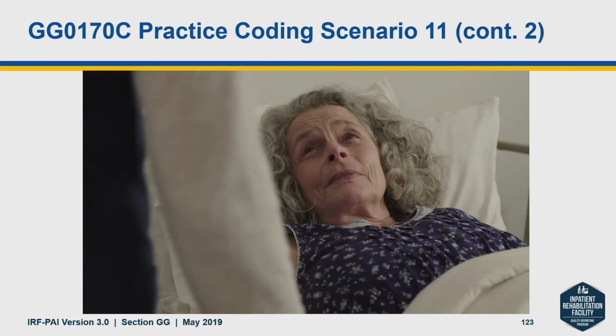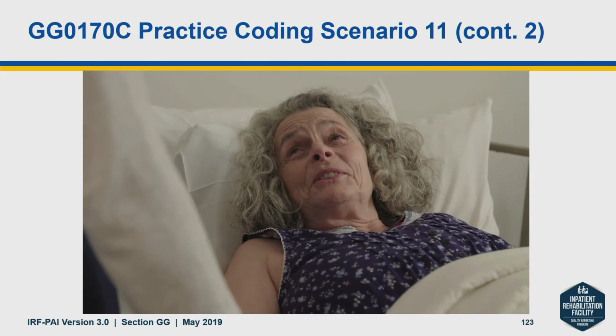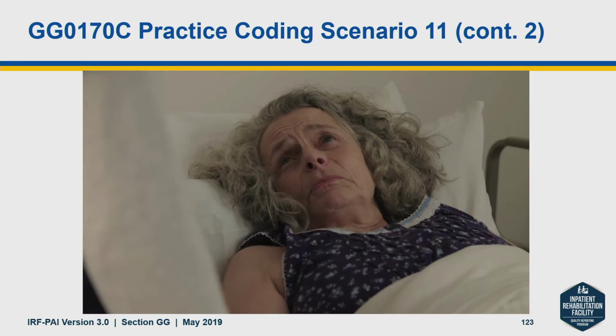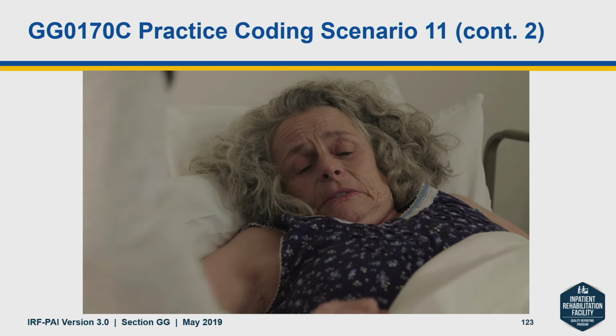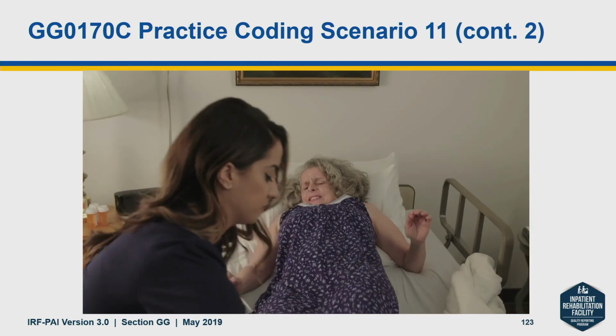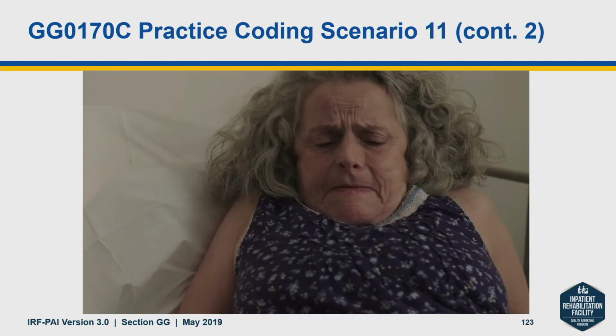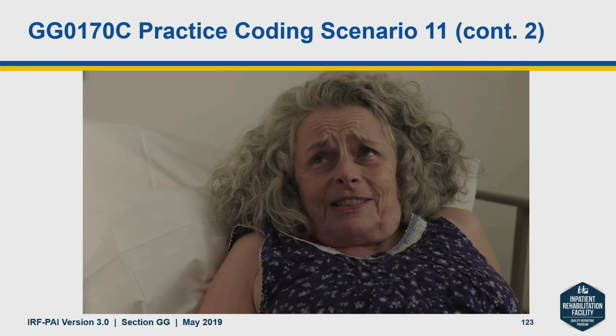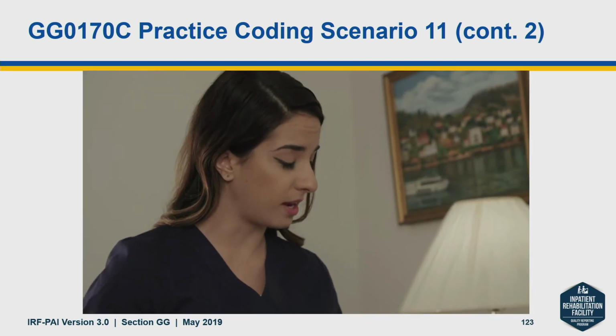Hi, Mrs. Brown. How are you today? I'm doing a little better, thanks. Good. Can you come sit on the side of the bed for me? It's hard, but I'll try. Looks like you're struggling a bit. Can I help you? Yes, thanks. Okay, first, let me have you try to lie on your side.